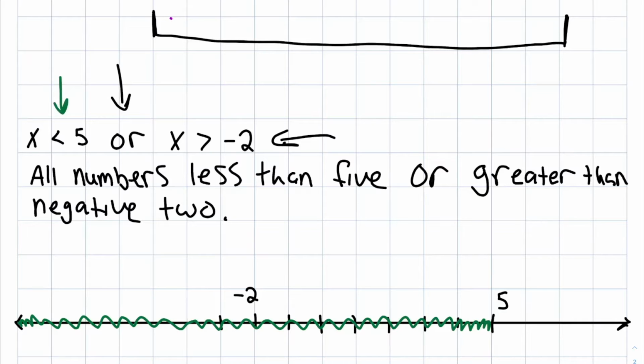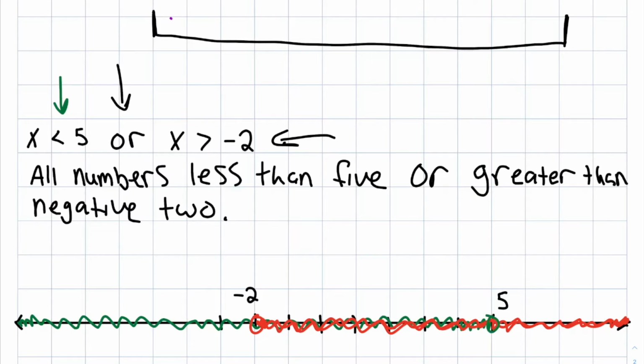Or, we'll go red for this one, x is greater than negative 2. So if we start at negative 2 and we start coloring this way, well, anything on the red section can fit this second part. So it doesn't necessarily have to be both. Like earlier we were looking for overlap. For this it can be either one.